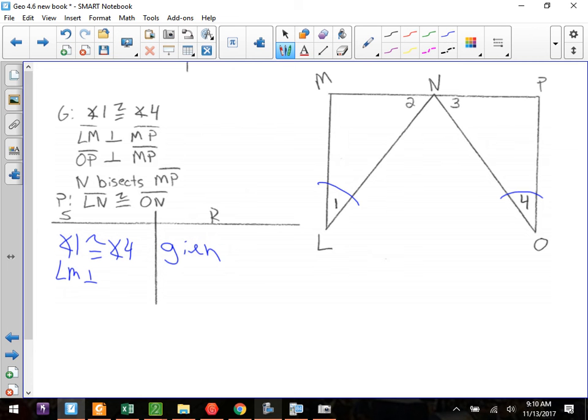LM perpendicular to MP. What happens when things are perpendicular? You get 90-degree angles. Good. So we put in my right angle, angle M.